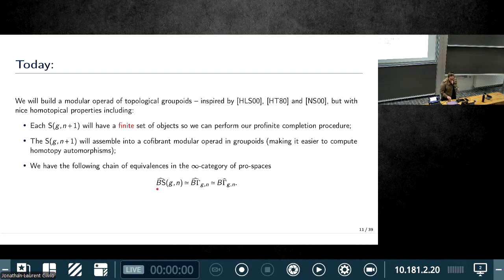If I take the profinite completion of this groupoid after taking the classifying space, it should align with the profinite completion of the classifying space of the mapping class group. And I won't lie, this is actually the hard one. This one becomes obvious once you see the description.